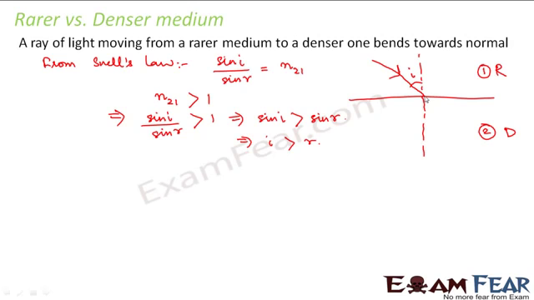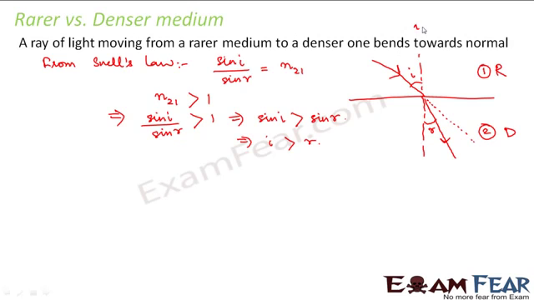So when will this angle be smaller? Let us suppose there is no bending, then the ray should go like this. In that case, angle i and angle r will be the same. But whenever bending is there, if it moves towards the normal, then the angle of refraction will be less. So in this case, the refracted ray will bend towards the normal.